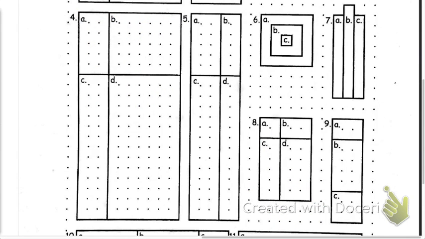It's also possible for the shape to have more than 100 squares. For example, number 4, if you count all the squares here, you're going to find out that there are 200 squares total. And if you count up each section, so 3 times 6, we get 18 here. And then we'll have 7 times 6 will be 42 right there.